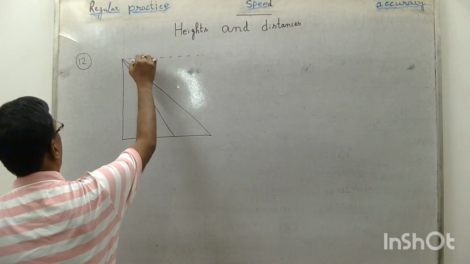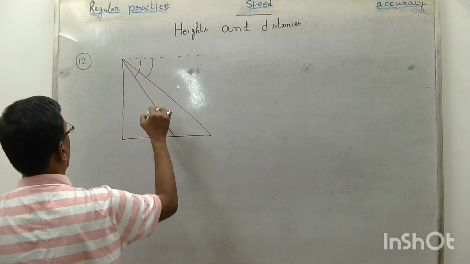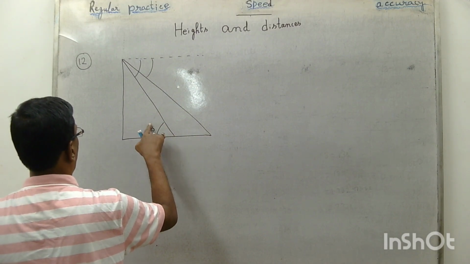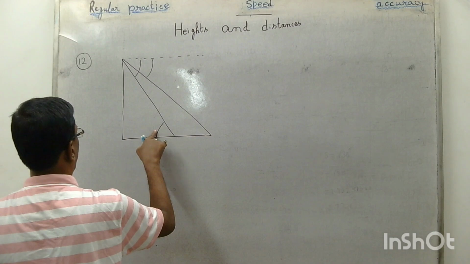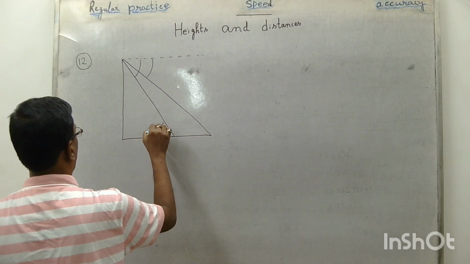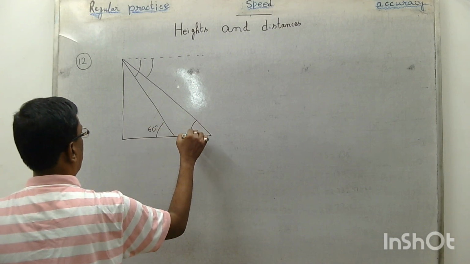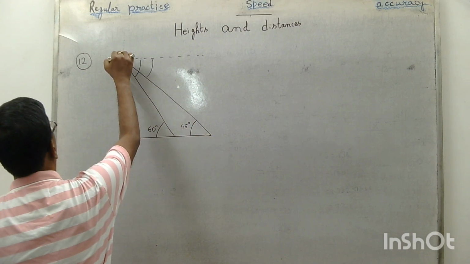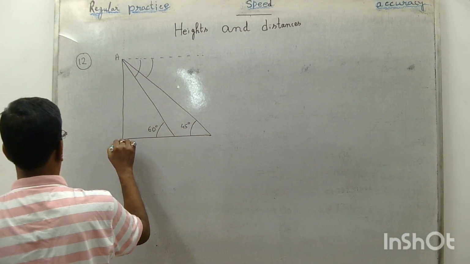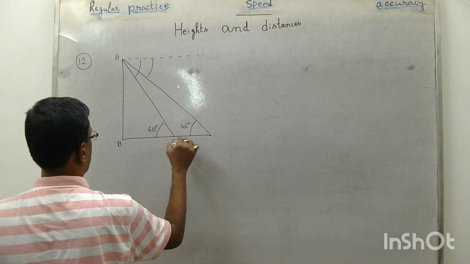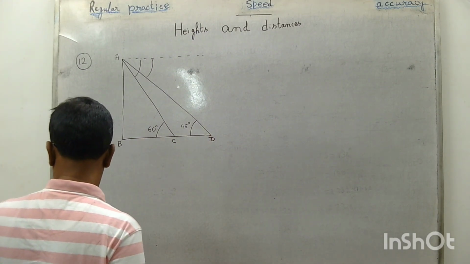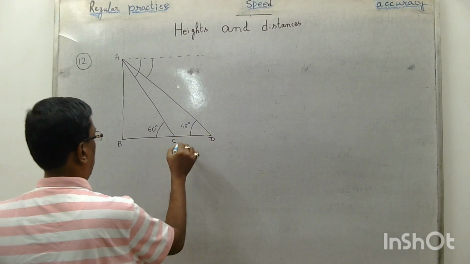This is also angle of depression. Now this angle becomes 60 degree, and this angle becomes 45 degree. A, B, C, D. It is 100 meter.